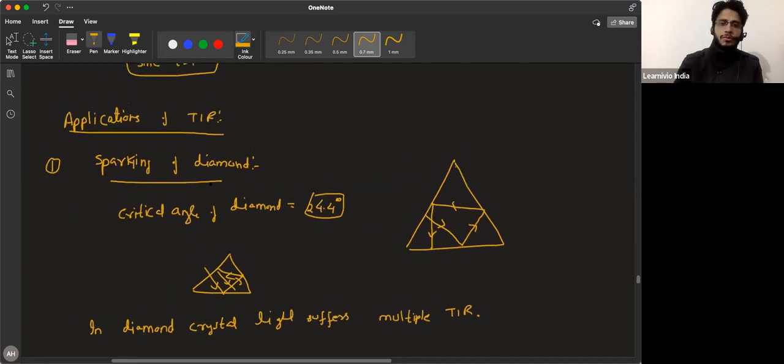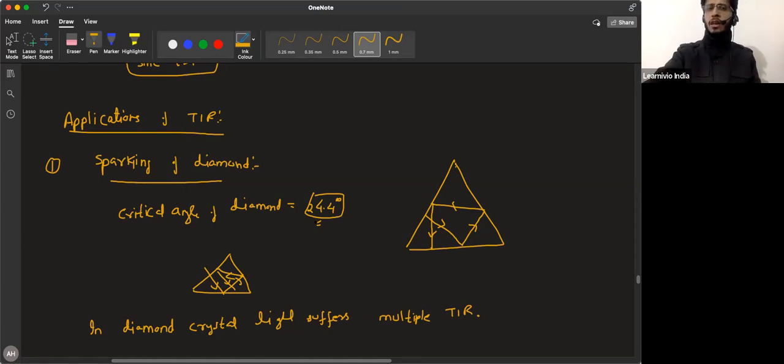Note it down. In a diamond crystal, light suffers multiple TIR. That's why it sparkles. It is due to the high density of diamond that the critical angle is comparatively small, 24.4 degrees. As compared to normal glass, the critical angle of diamond is very small.